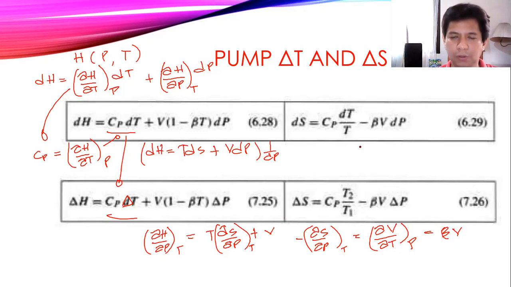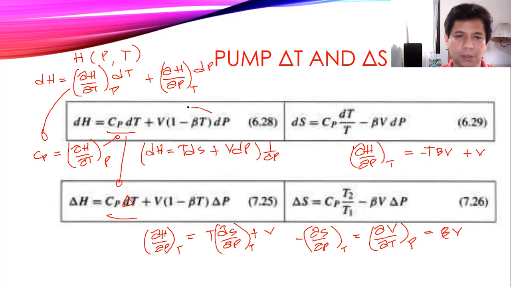So palitan lang natin to. So what you're going to get is partial derivative of H with respect to P at constant T is equal to negative T times beta V plus V. So when you factor out V, you're going to get this part of the equation.